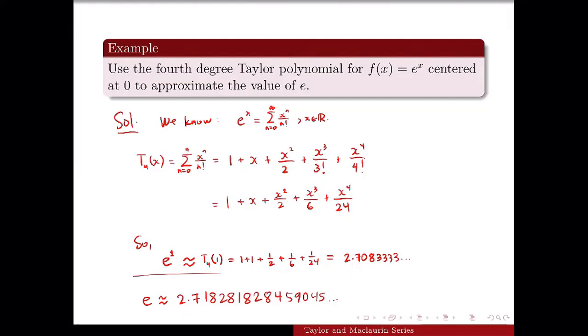You will have more decimal places of accuracy. Questions?